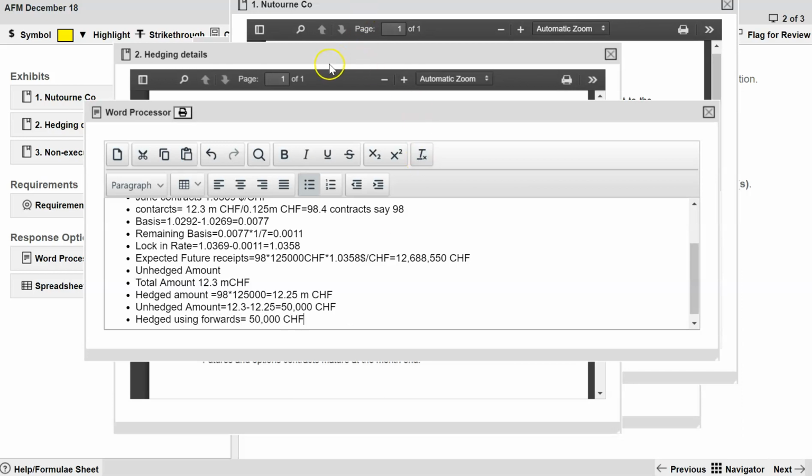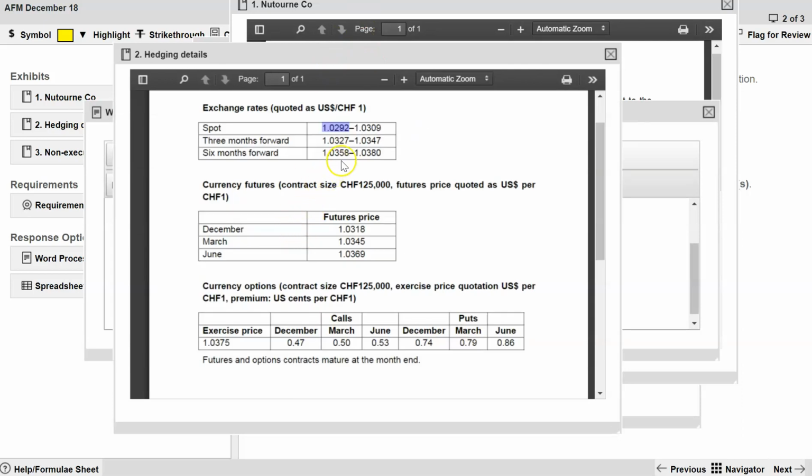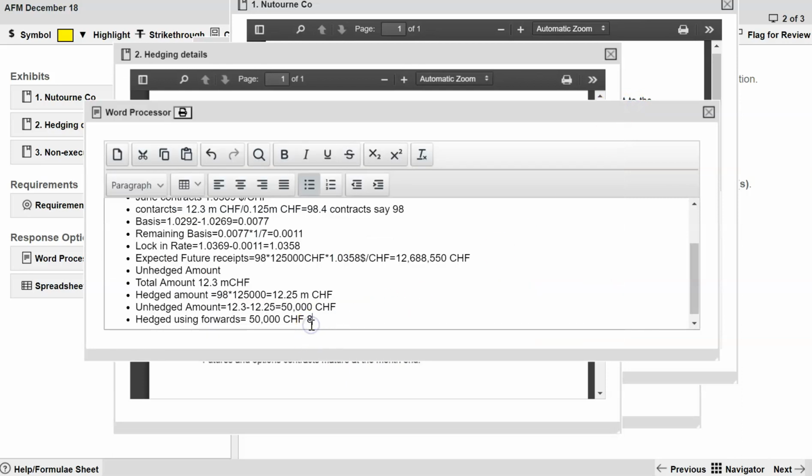So what about the forward rate? That is 1.0358. It is also 1.0358. So 51,790 dollars.